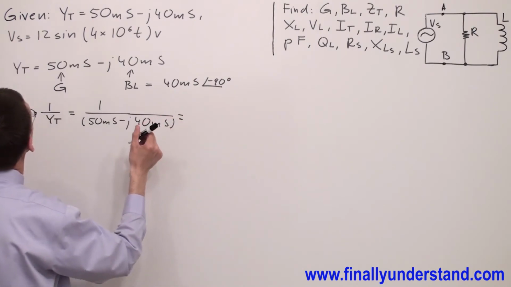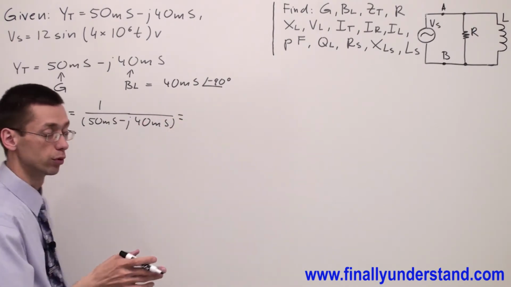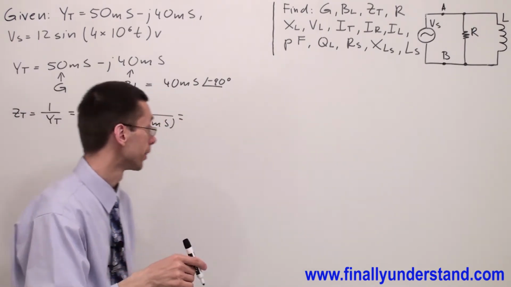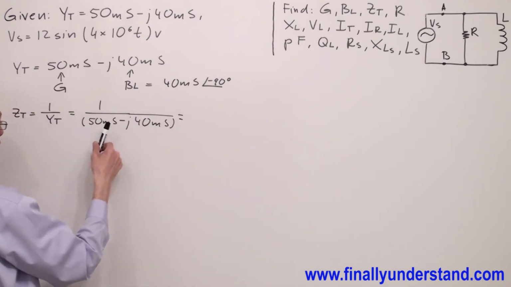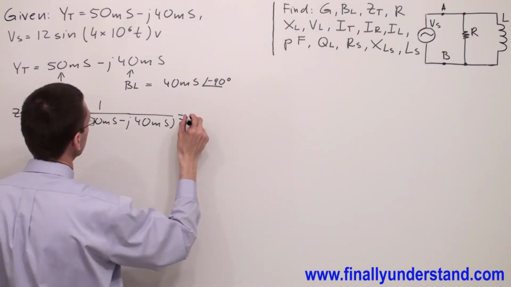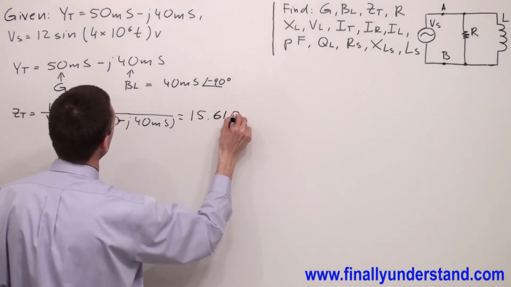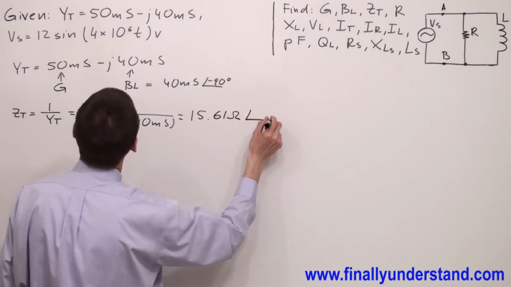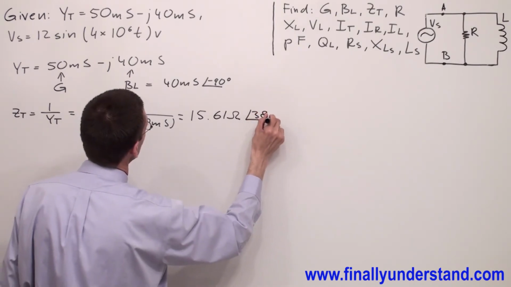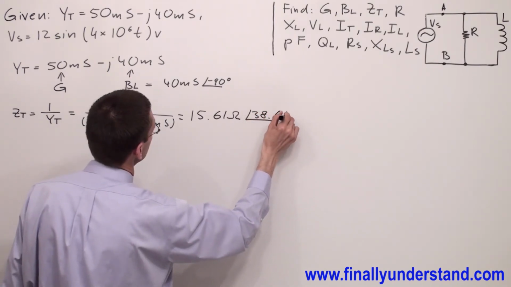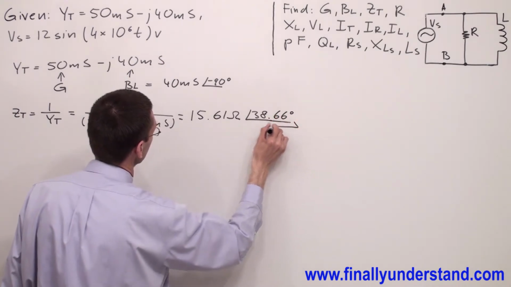Okay, if you are going to switch your calculator to polar form and calculate this fraction, you're supposed to obtain 15.61 ohms and angle of 38.66 degrees.